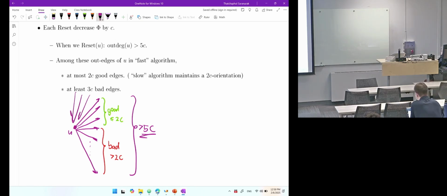The good ones can be at most 2C, because the good ones agree with the slow algorithm, and the slow algorithm maintains a 2C orientation. So the slow algorithm can have out degree at most 2C. So there can be only 2C that are good. Everything else is bad. So this should be 3C, many bad ones.